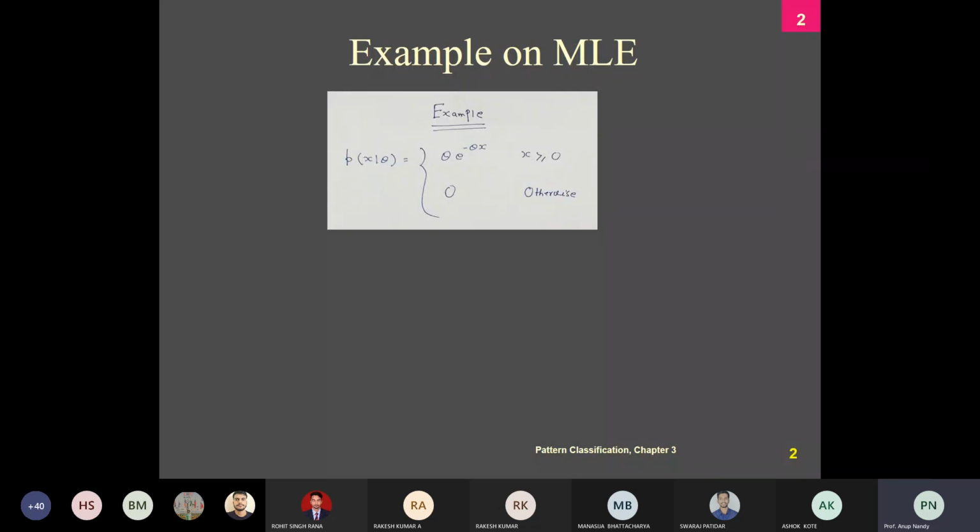So how do you do it? Suppose the data D contains n samples, x1 to xn, and all the samples are drawn independently. Then we have a function.